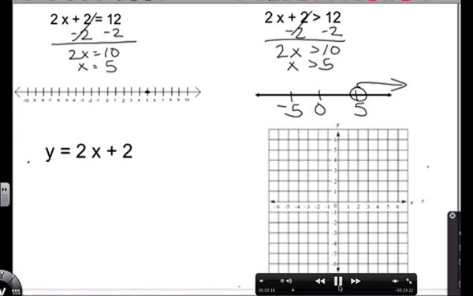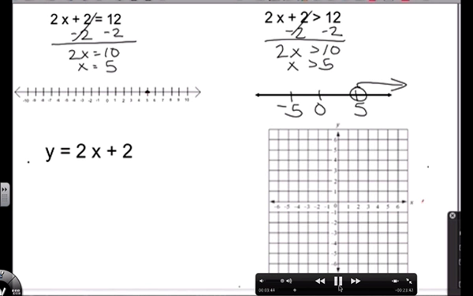No. It's equal to, but that's not in my symbol, is it? If I plug 6 in, which is greater than 5, I would get 14 is greater than 12. Is that a true statement? Yeah. So this is how we indicated our solution set isn't just one number, it's an infinite amount of numbers, which is why we have the arrow on our number line, correct?